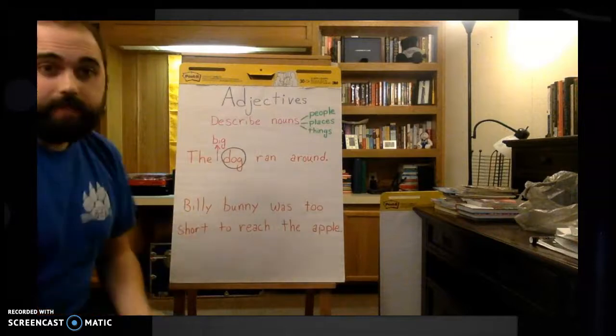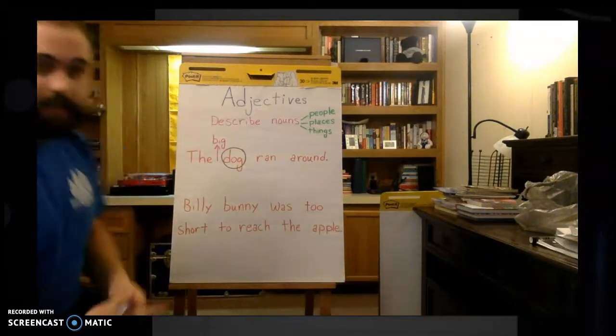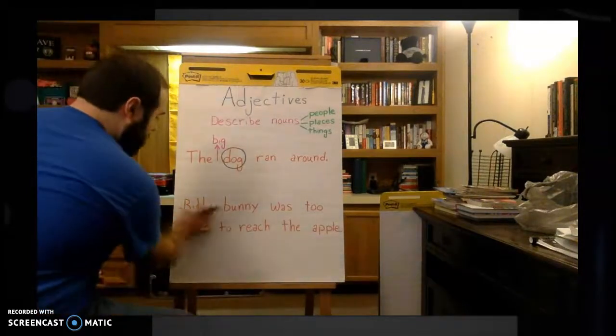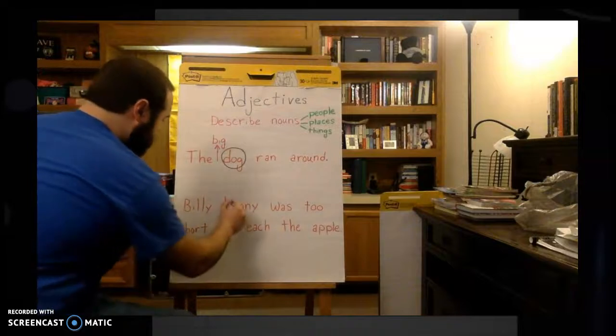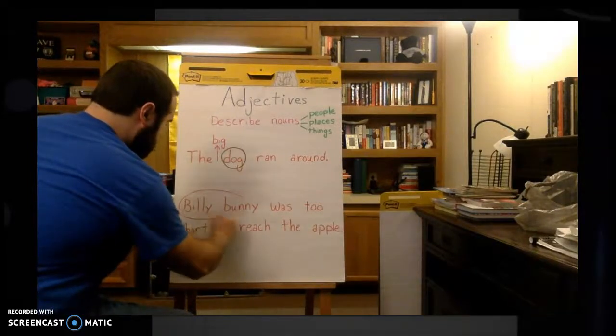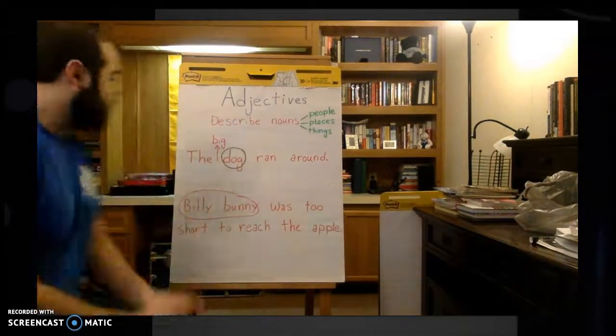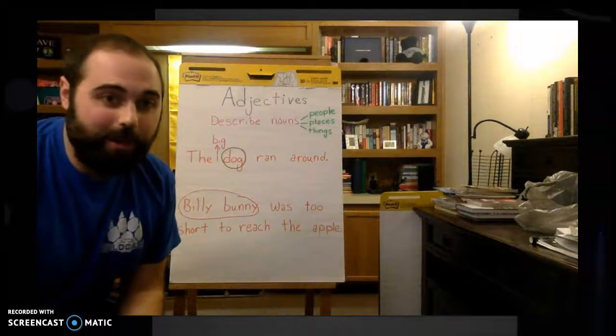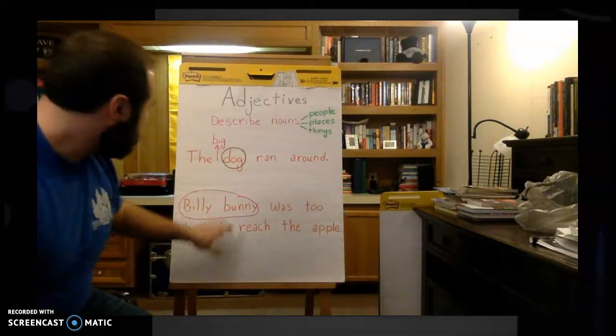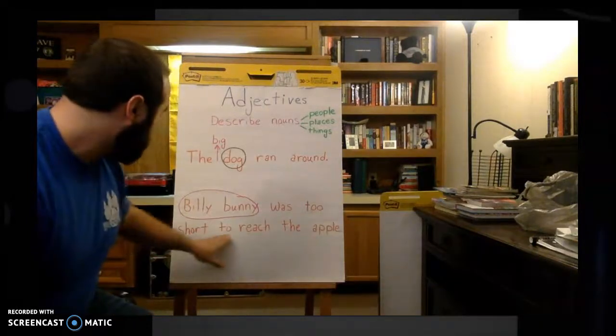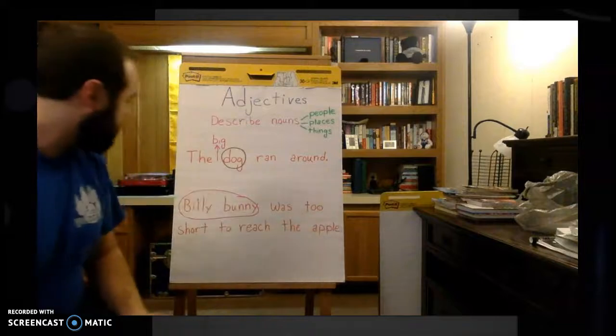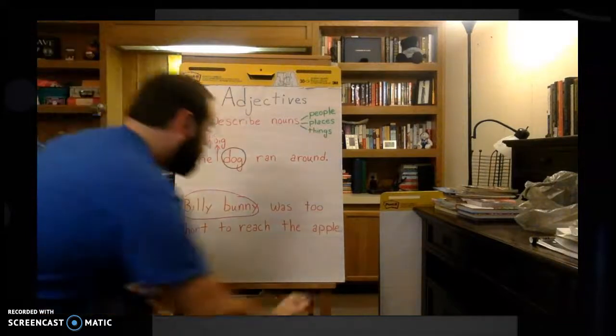Billy Bunny. That sounds like someone's name, right? And Billy is actually describing the bunny. So Billy Bunny, that's our big noun. That is the person in the sentence. Billy Bunny was too short to reach the apple. Oh, you're right. Apple is another one.